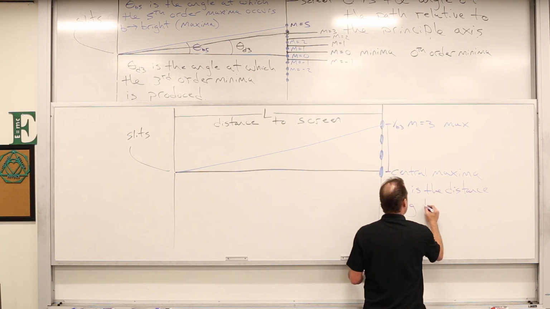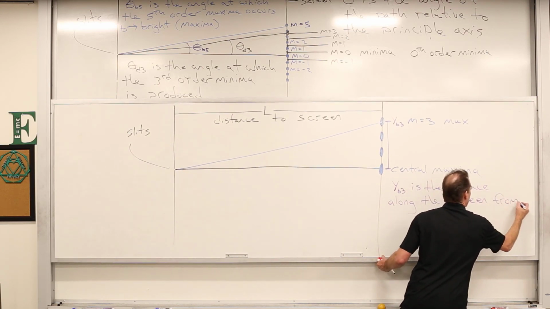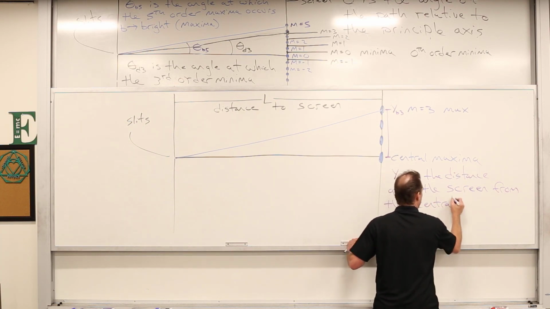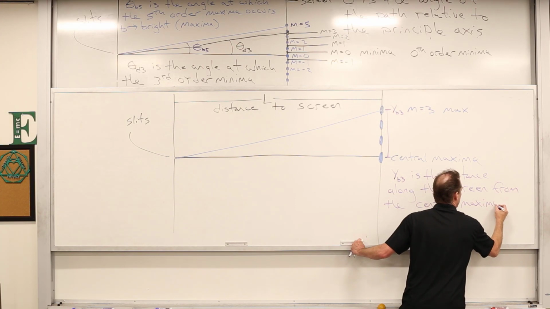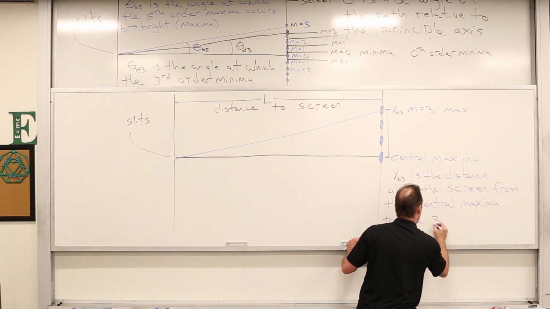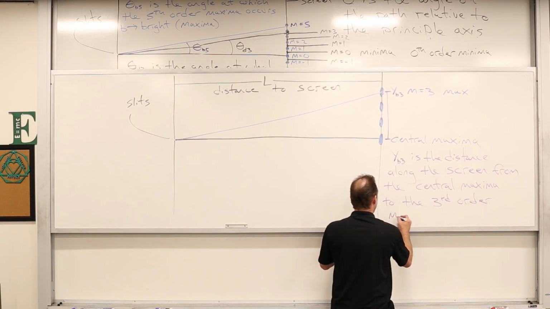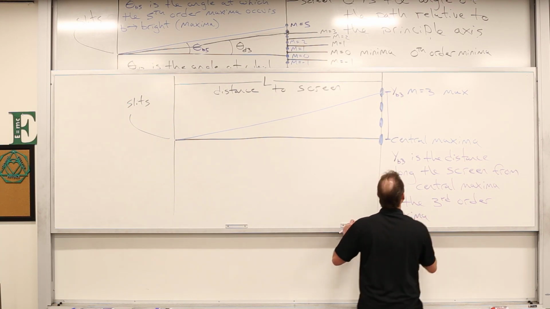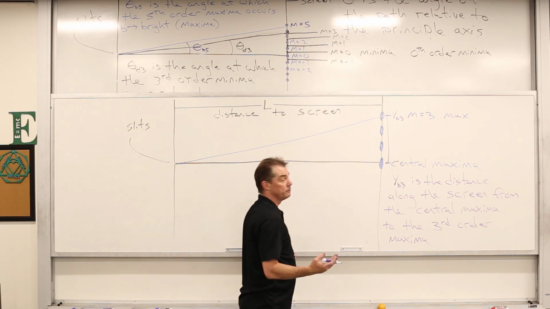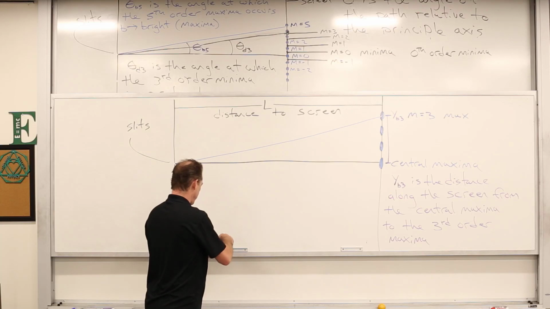YB3 is the distance along the screen from the central maxima to the third order maxima. So we've still got the B for bright and 3 for the third order. So still subscripting things with some way of determining these different things here.